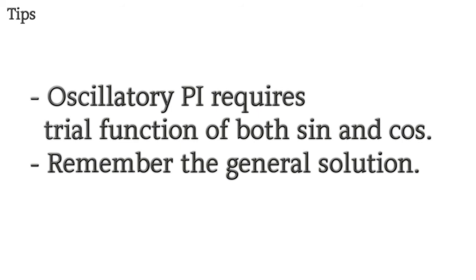If the right hand side of the equation is, say, cosine of 5t, then your trial function would be a sine of 5t plus b cos of 5t, because sines and cosines will switch around after differentiating.